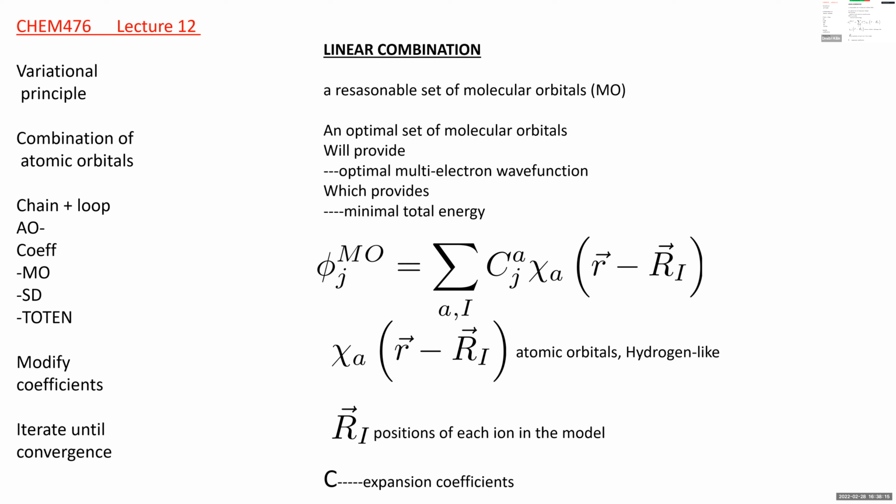And a molecular orbital itself is a cube of about 1 million data points. So these C coefficients are much more compact. So once again, chi_A(r minus R_I) are atomic orbitals, R_I are positions of ions in the molecule, and C are expansion coefficients. So this was the definition. Now here is the idea.